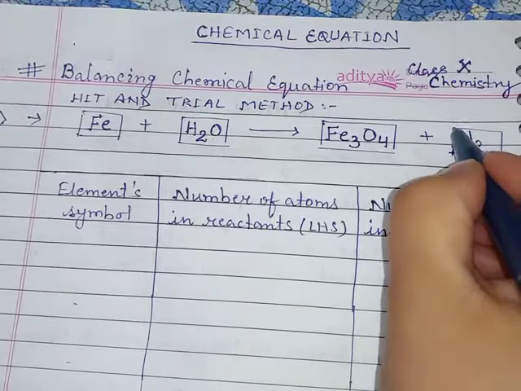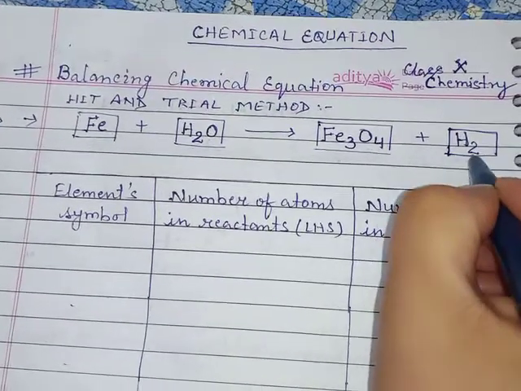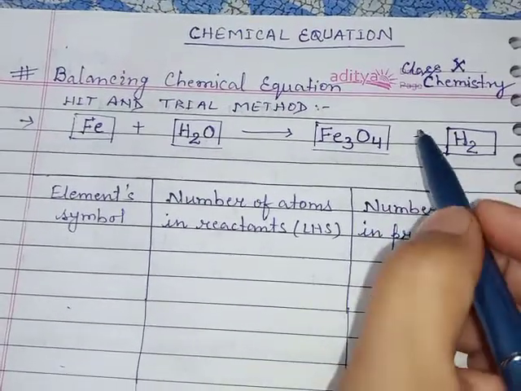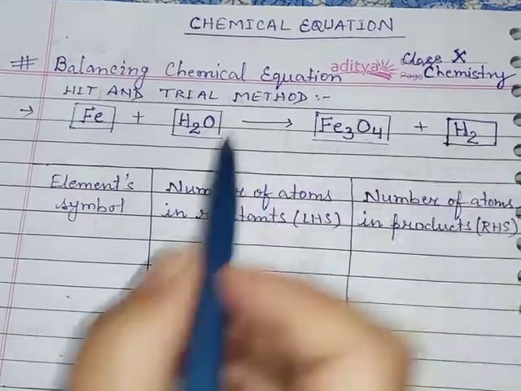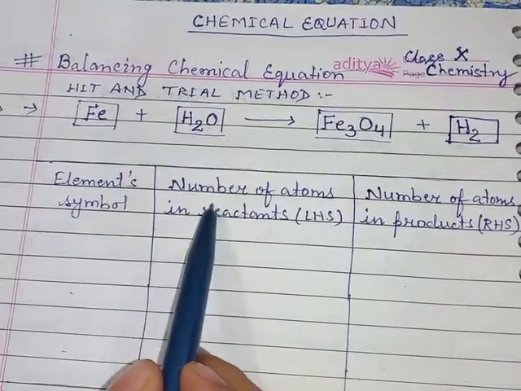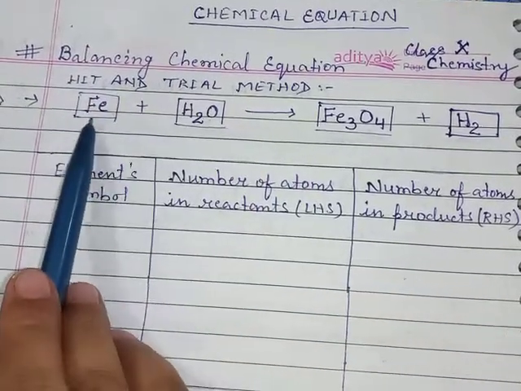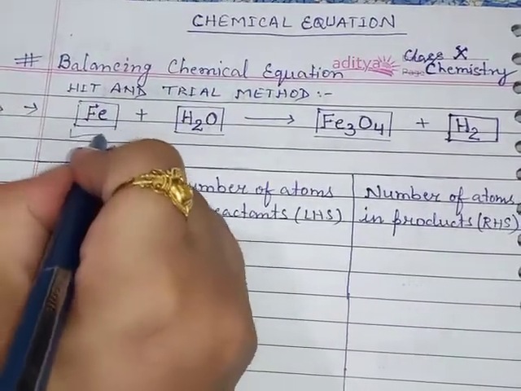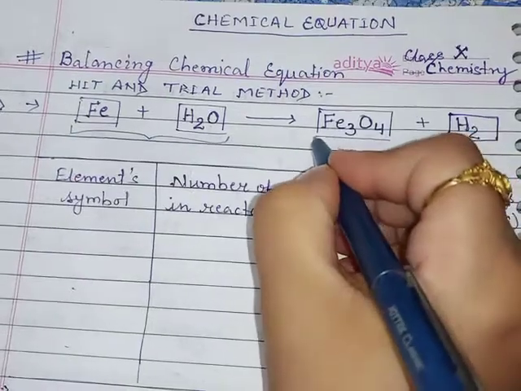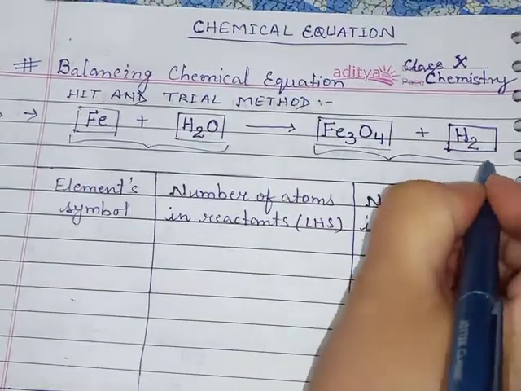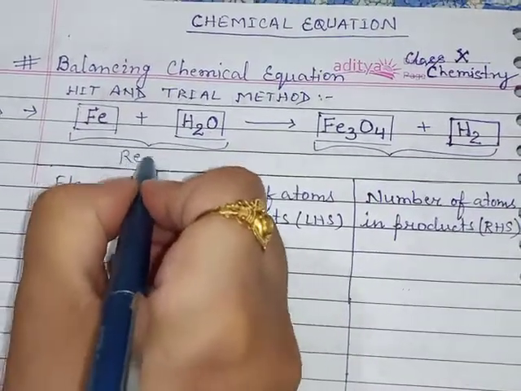I repeat, do not change anything inside the boxes while balancing the equation. We have to count and compare the number of atoms of an element in the reactants and in the products.